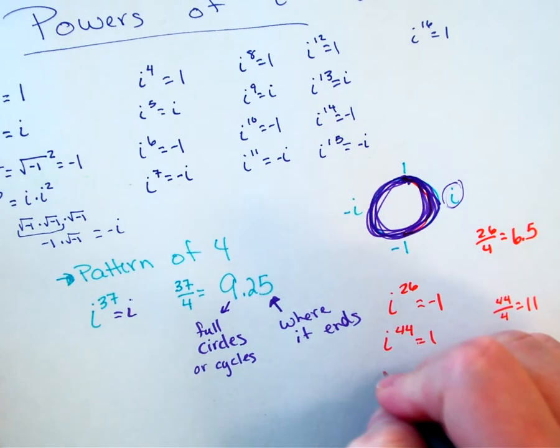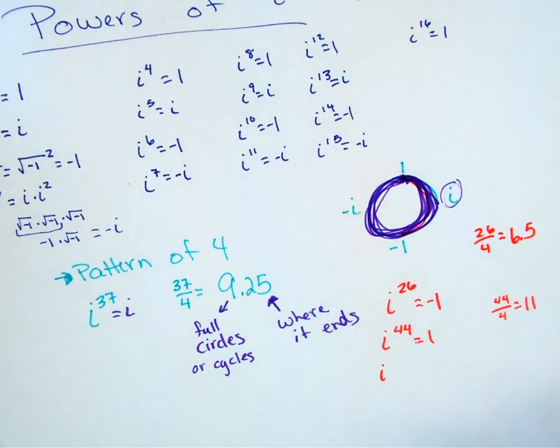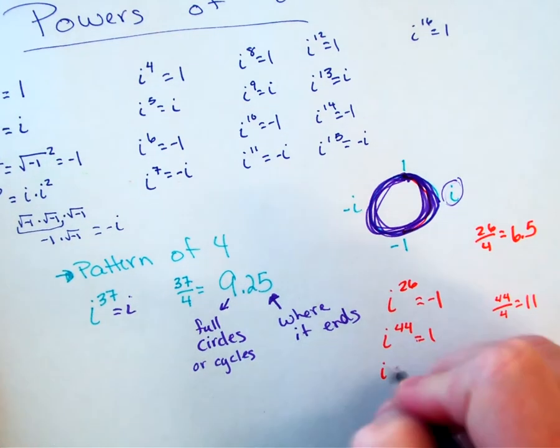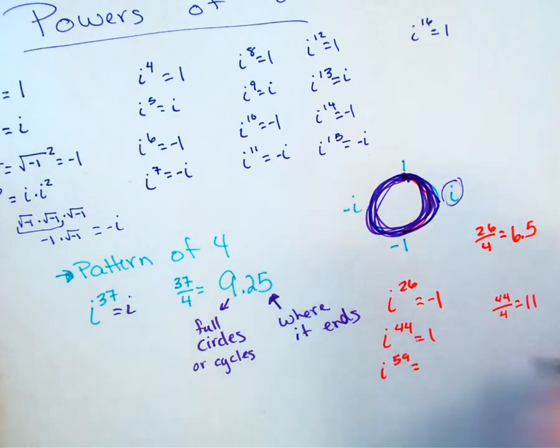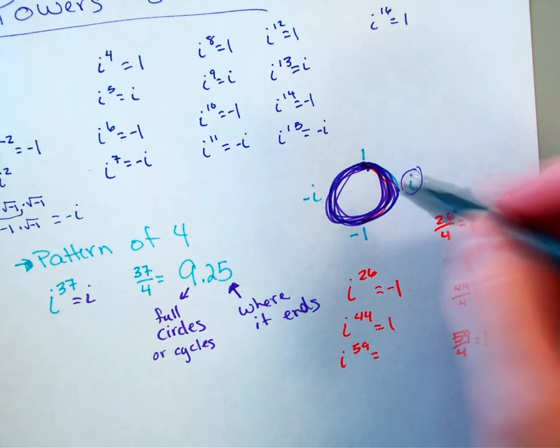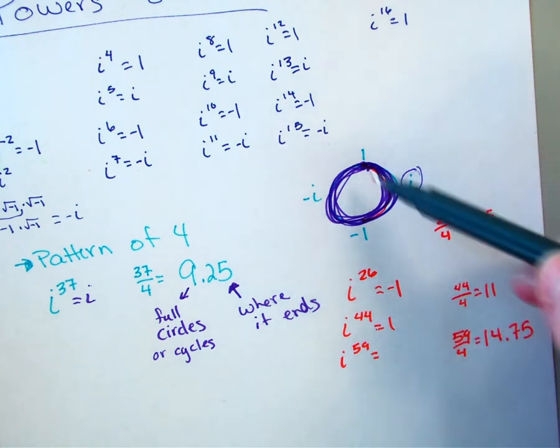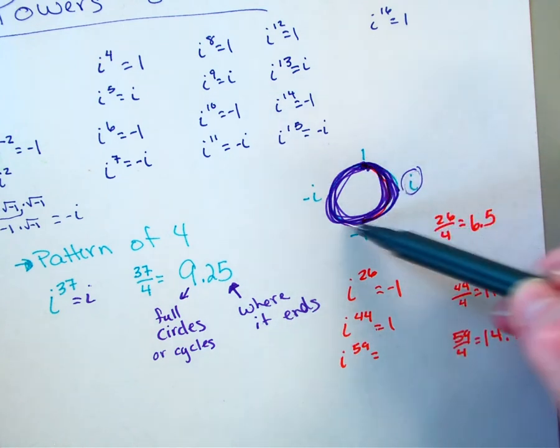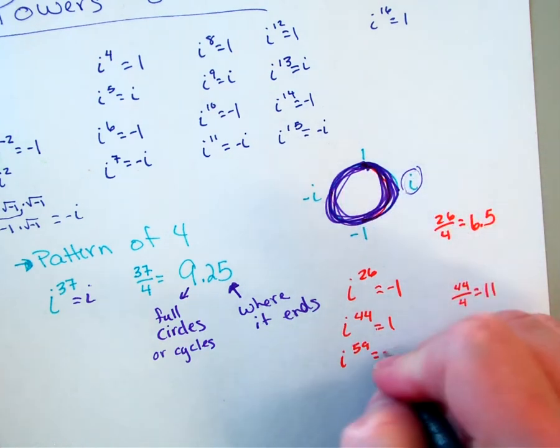How about i to the 59th? All right, 59 divided by 4 is going to give us 14.75. So that's going to go around 14 full times, and then 3/4 of a way. So that's going to make that negative i.